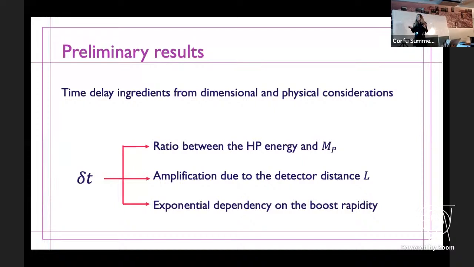So first of all, we find that the quantum gravity energy scale, the Planck mass, is again adimensionalizing the energy of the hard photon. So again, the higher the energy of the hard photon, of the hard wavefront, we could say, the less suppressed the effect will be.